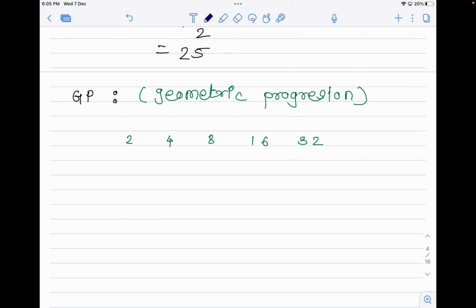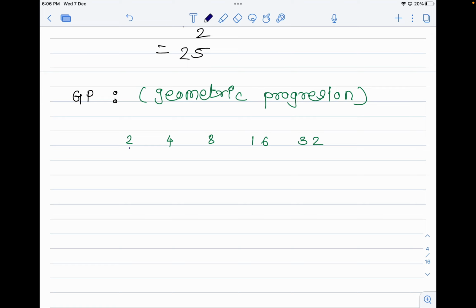You can see 2 and 4: it is double, again double, again double, again double. So you have a ratio. What is the ratio? The ratio is nothing but the common relation.